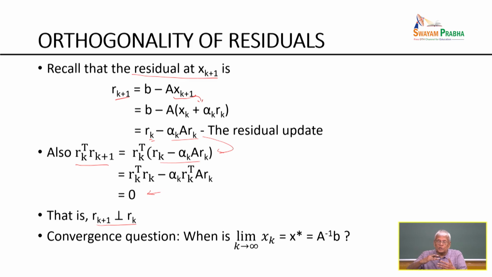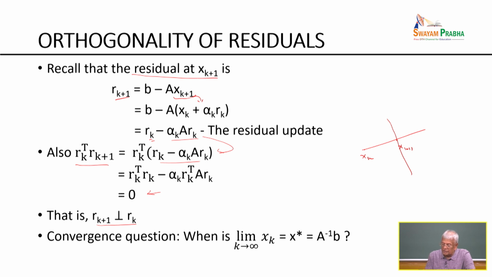The consecutive search directions are orthogonal. For example, if I go in this direction, this is xk plus 1, the next search direction must be orthogonal to that. That's what this says, and that's a good thing to know. Search directions go orthogonal to each other.